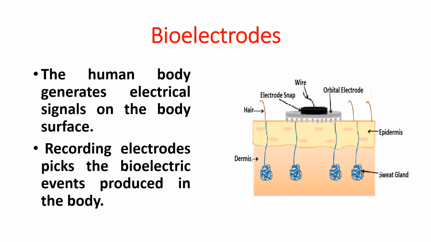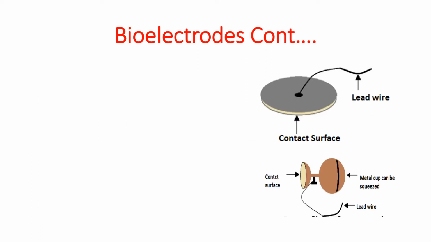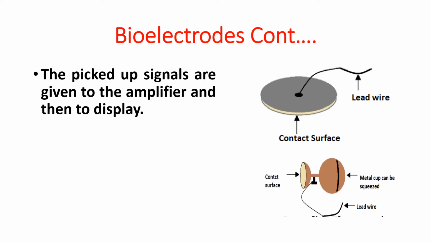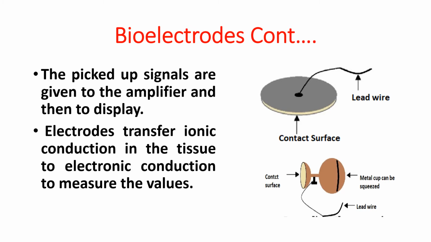Recording electrodes pick up the bioelectric events produced in the body. The picked up signals are then given to the amplifier and then to the display. Electrodes transfer ionic conduction in the tissue to electronic conduction in order to measure the values.